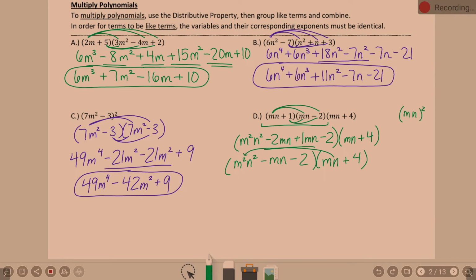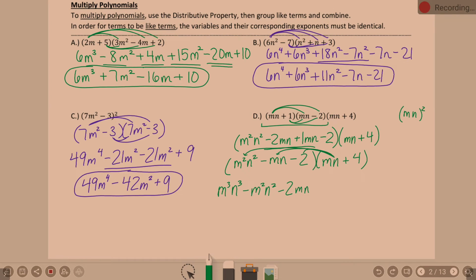So if I look at mn times m squared n squared, m cubed n cubed. Good. Add those exponents. mn times minus mn, minus m squared n squared. We're adding the exponents. Good, we've got that habit going. Minus 2 times mn, minus 2mn.